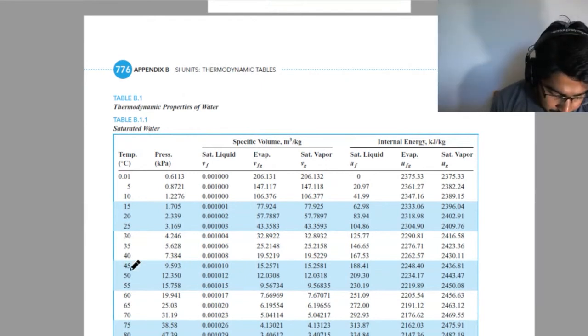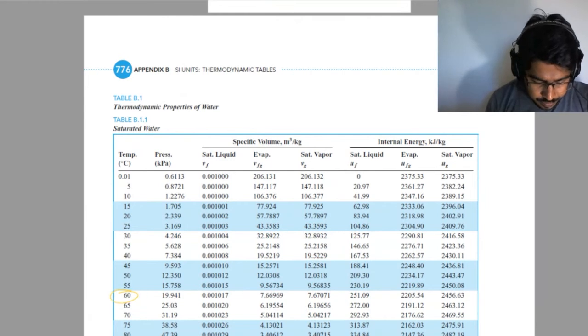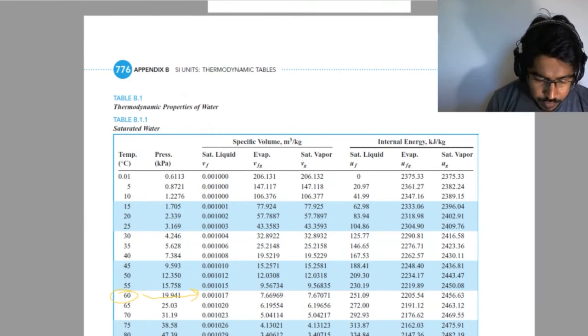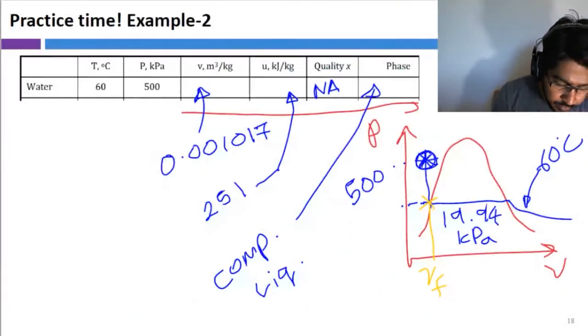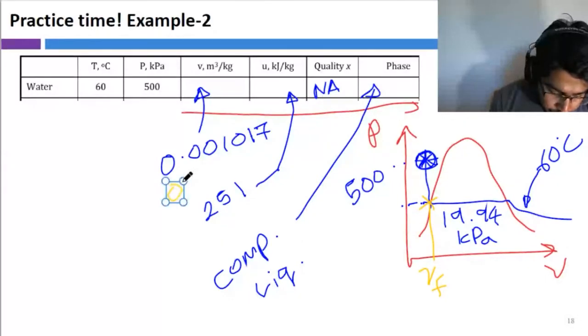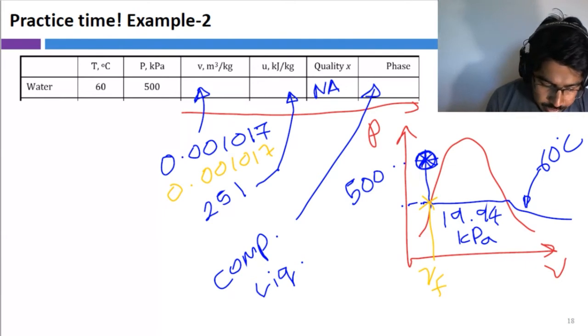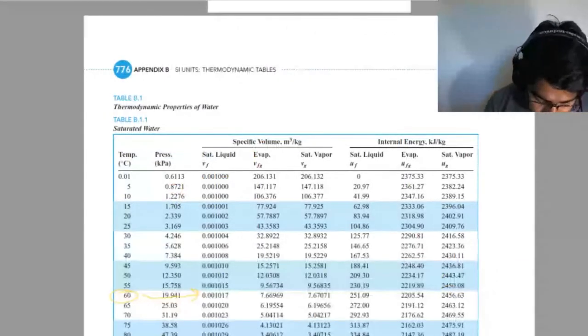Now we pick our temperature 60, and then we look for Vf, which is going to be 0.01017. So if we did not have the compressed liquid table, we would use this value. Now for internal energy, we pick the value again.